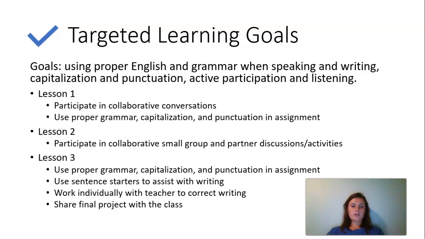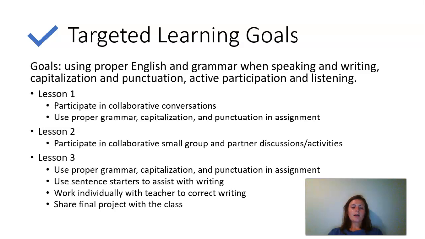In lesson 2, in order to participate in the game and the riddle activity, he needs to participate in collaborative and partner discussions.